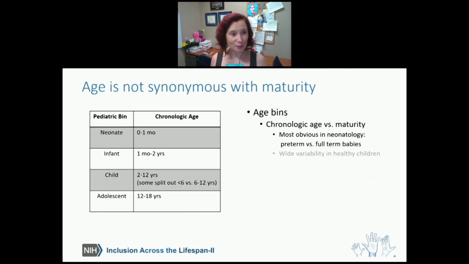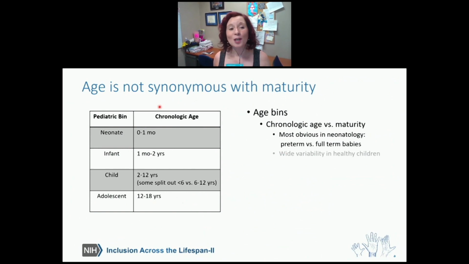data analysis. To start off, age is not synonymous with maturity, and that is the biggest issue with the pediatric age binning system. When we look at the commonly used pediatric age bins of neonate, infant, child, adolescent, what this ignores is the tremendous amount of variability in organ maturity and organ function within each one of the bins.